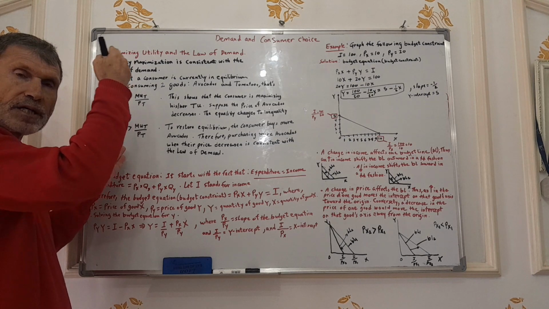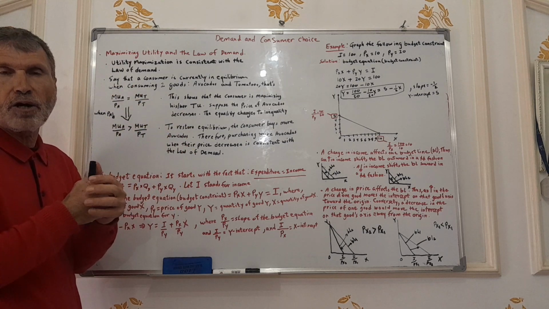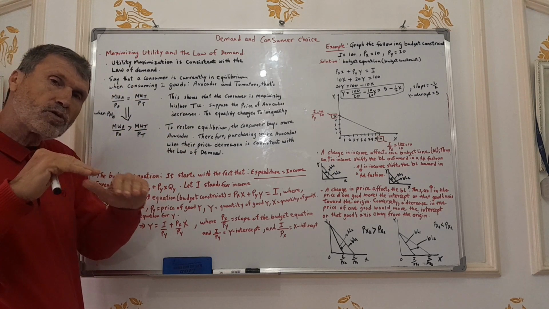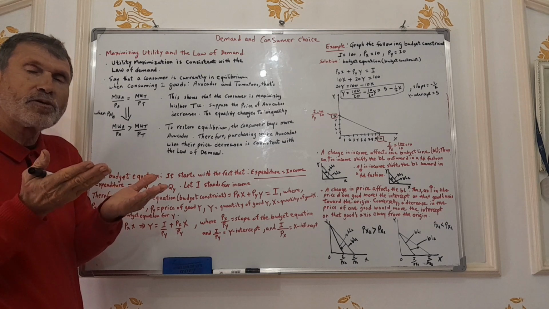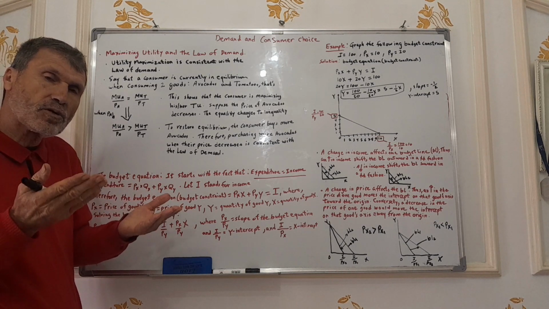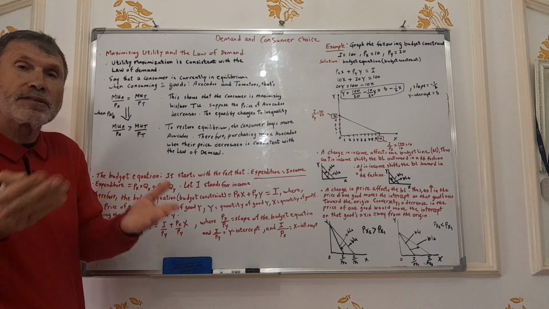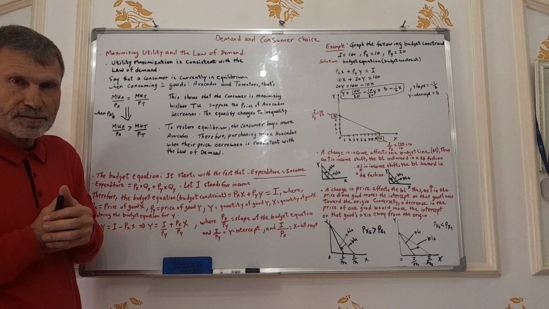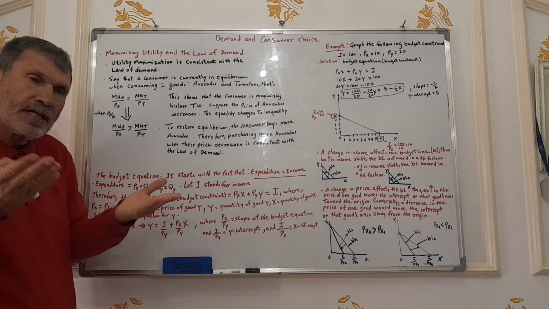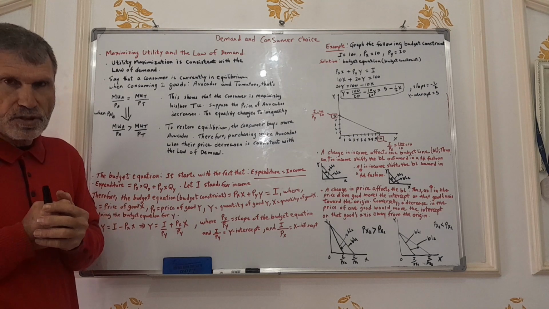As a result of the increase in the quantity demanded of avocado, the marginal utility of avocado will go down. It will continue to go down until equality is restored. And therefore, when equality is restored, that means we are back to maximizing total utility. So this shows that maximizing total utility is always consistent with the law of demand.